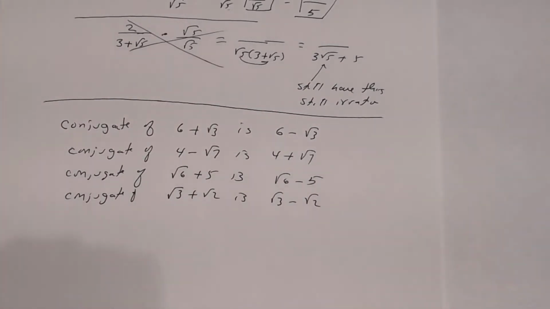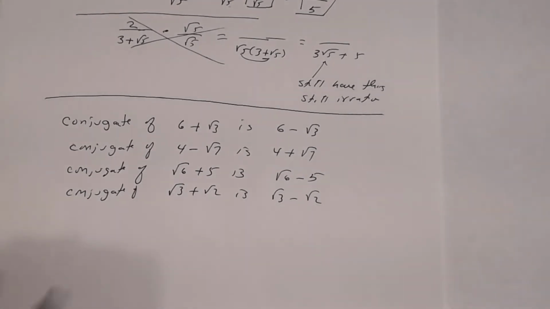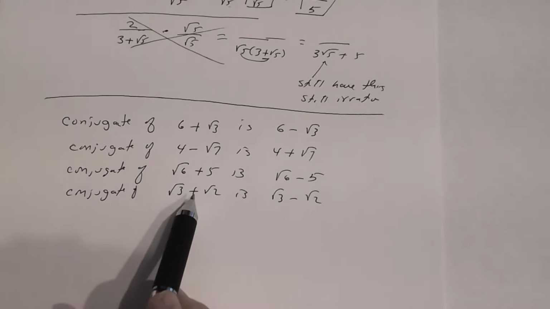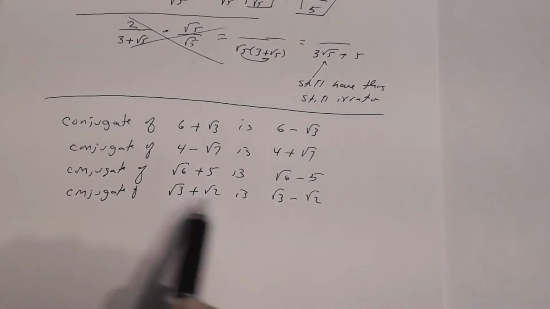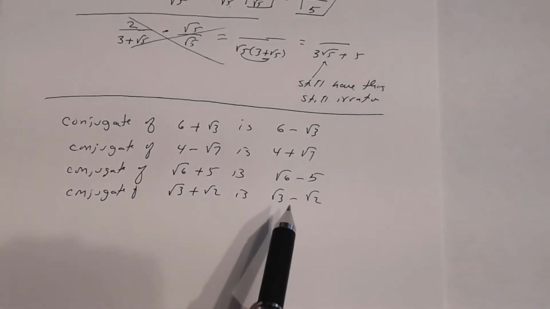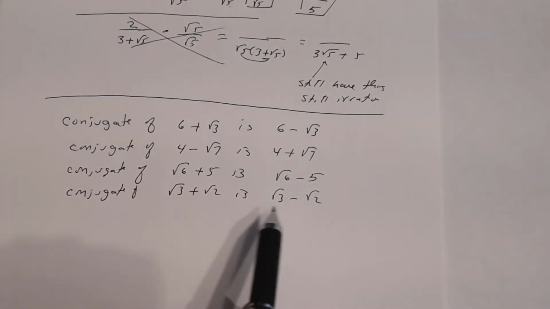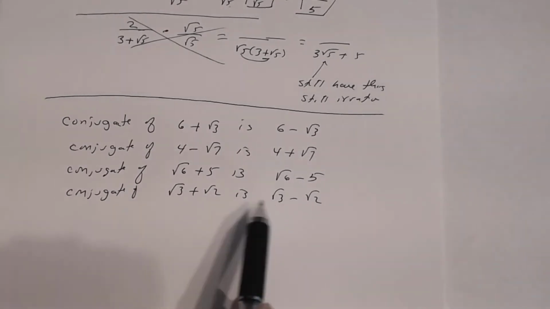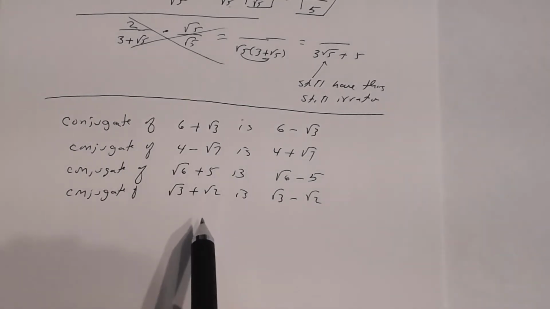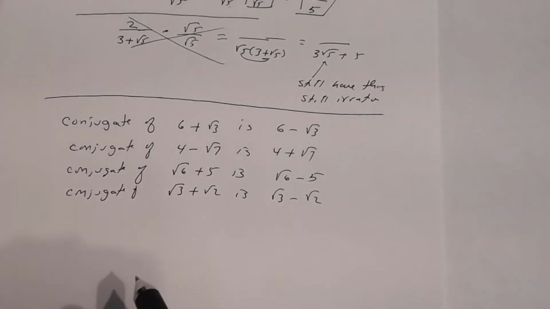So it turns out that whenever you multiply two binomial radicals that are conjugates of each other, you're going to end up with an expression not containing a radical.